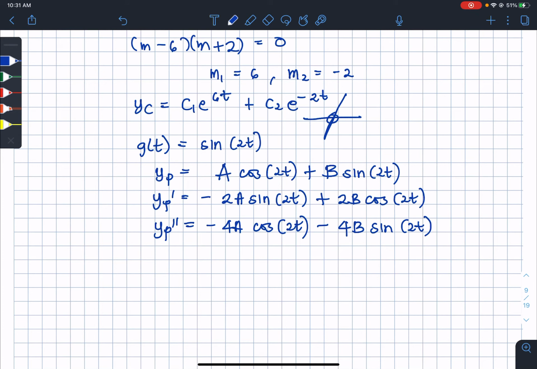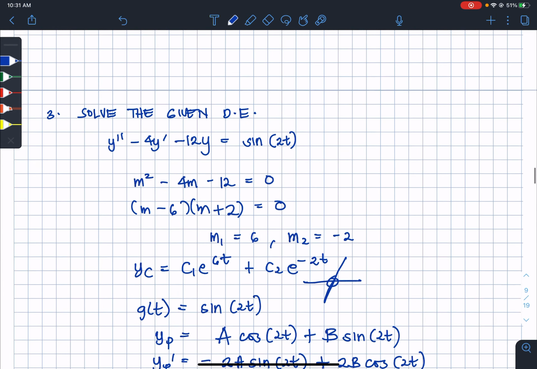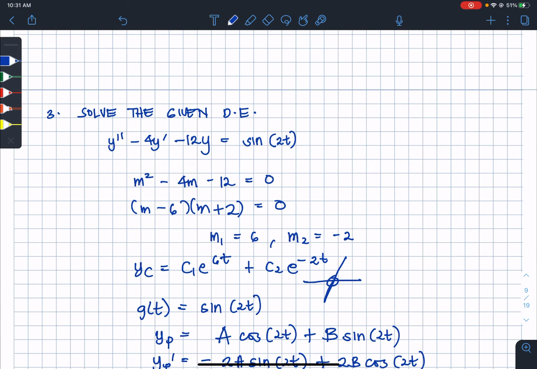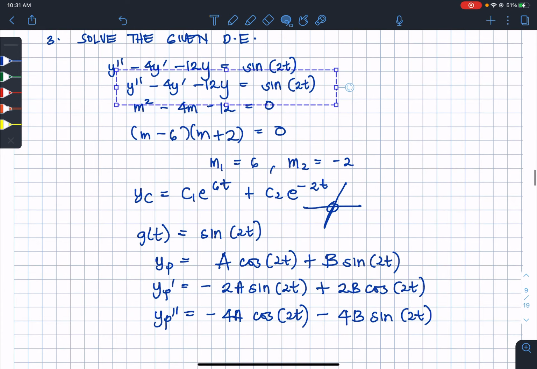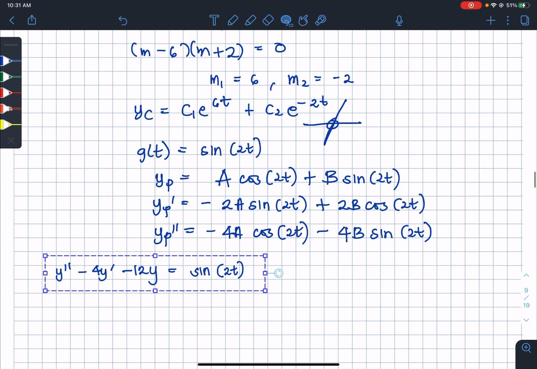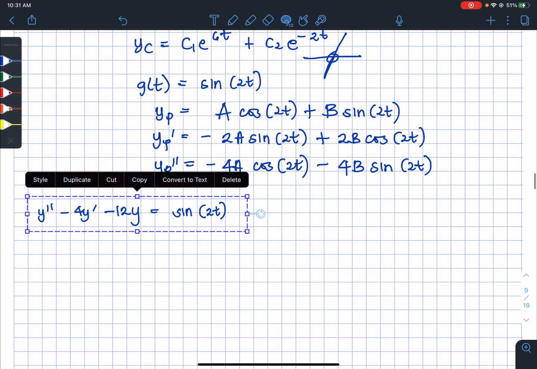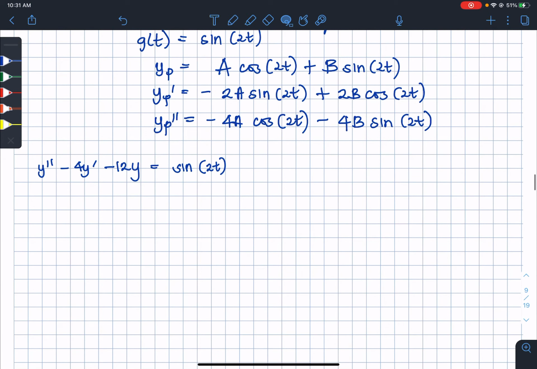Then we're just going to copy our original equation and substitute everything.